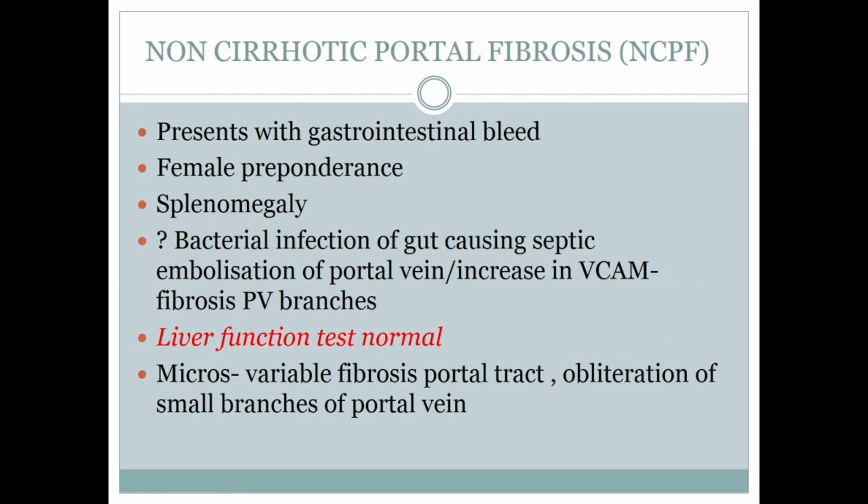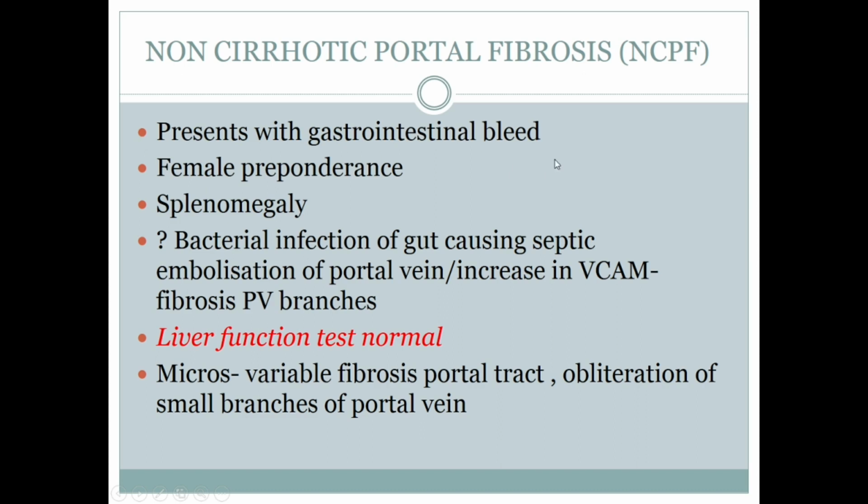Okay. Now, this also we do not ask you questions, but the fact is you have to know something about everything, and this is one of the diseases which happens in India. We have seen, especially with malnourished children, they can have a non-cirrhotic type of portal fibrosis.